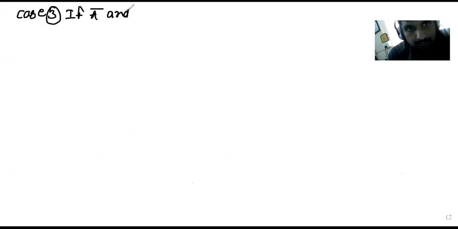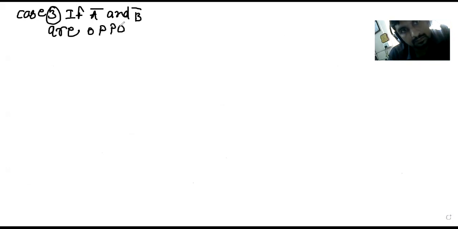Case 3. Case 3 is if A bar and B bar are opposite.